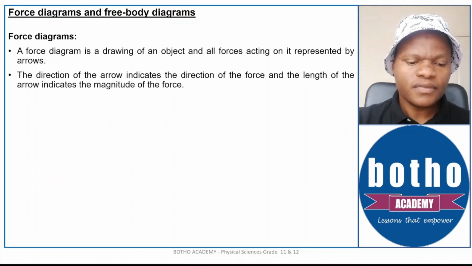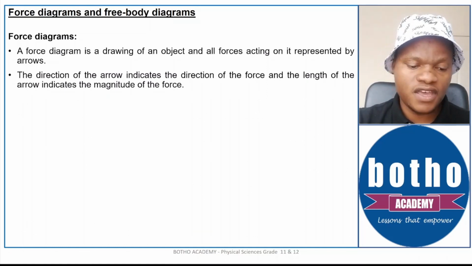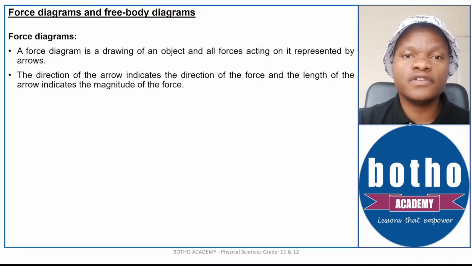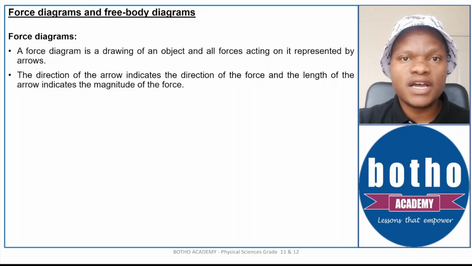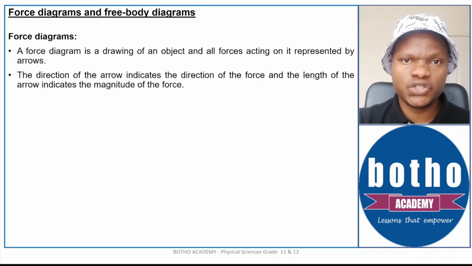Now the direction of the arrow will indicate the direction of the force, and the length of the arrow will indicate the magnitude of the force. So it is important to also look at the relationship between the magnitudes of the forces. Make sure that you draw a short arrow for the smaller forces, and a longer arrow for the bigger forces, or the forces that have a larger magnitude.